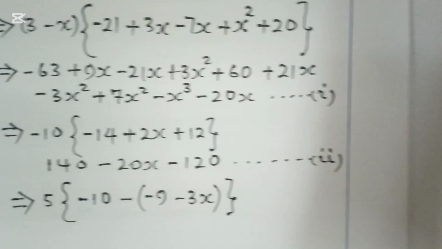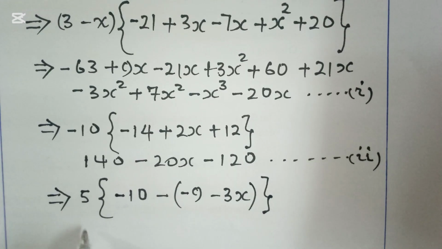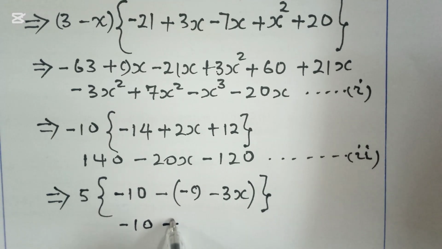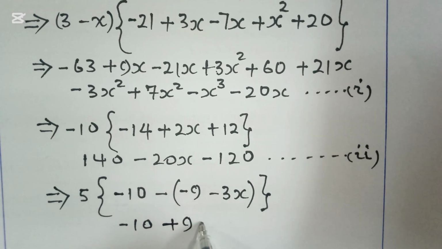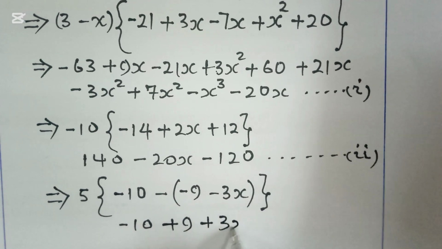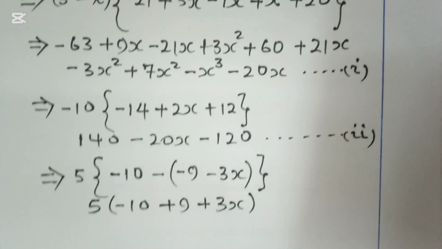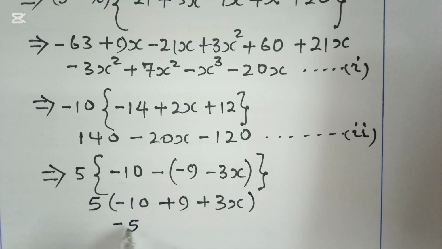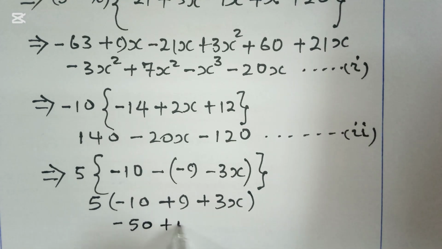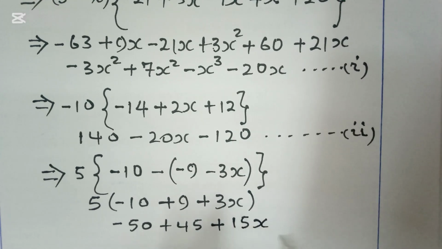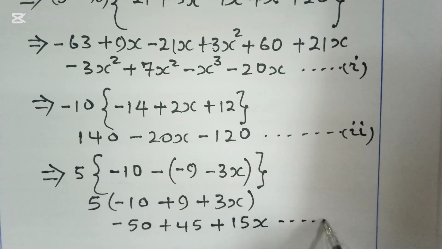So when we do that, we are going to have minus 10 minus, that is plus 9, plus 3x, multiply that by 5. So we are going to have minus 50 plus 45 plus 15x. So guys, this is now going to be our Roman 3.